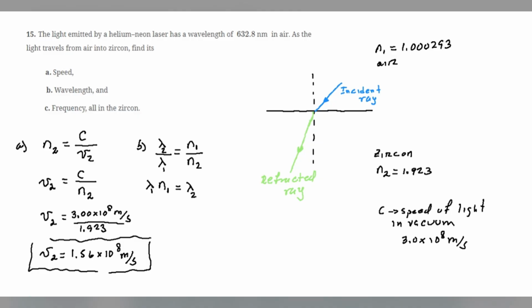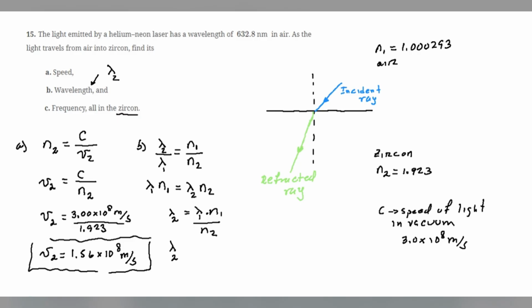I want to find the wavelength. The wavelength where? In the zircon, which is lambda sub 2. So we solve for lambda sub 2, and lambda sub 2 would be lambda sub 1 times n sub 1 divided by n sub 2.